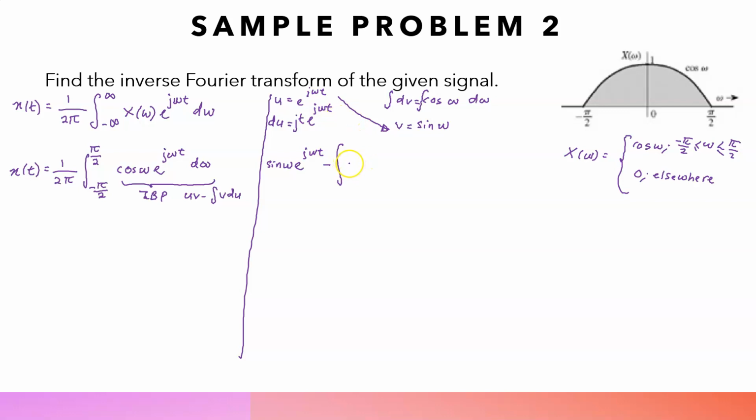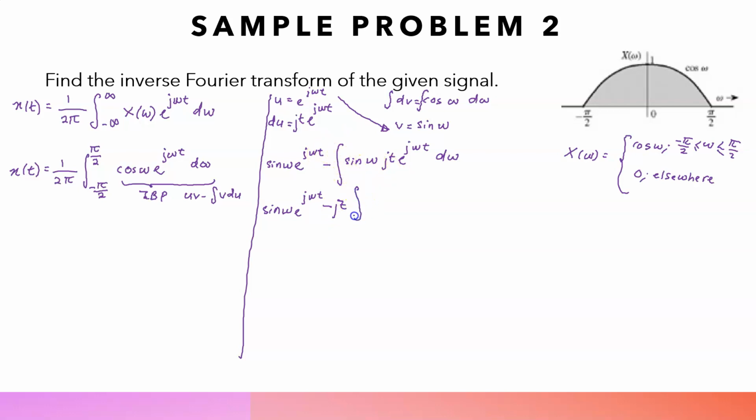This one is sine omega, and du is jt e^(j omega t) d omega, because we need the integration. If we rearrange, we will get sine omega e^(j omega t) minus, since this jt is a constant, let's put it at the front, jt.